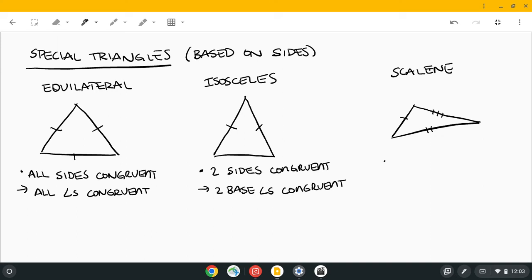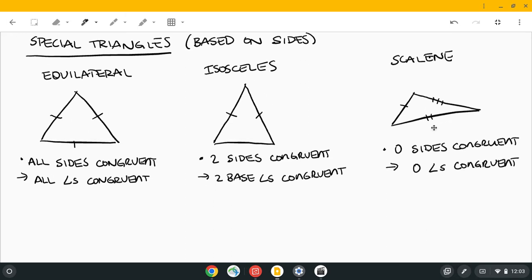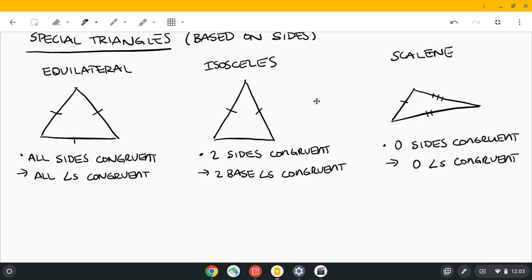So zero sides congruent, and this means zero angles are congruent. These are the classifications of triangles based on their sides.